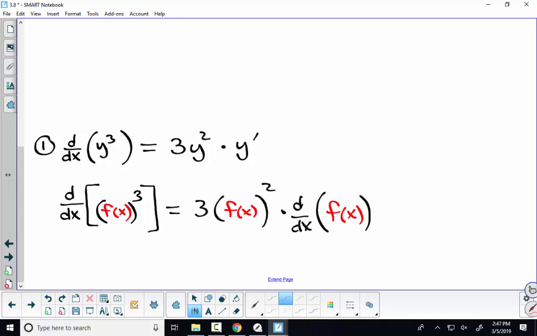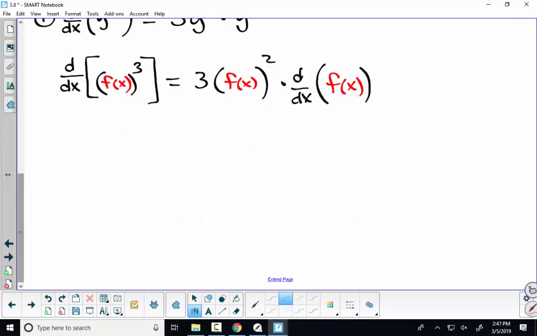And since we don't know what f is, the best we can do is notate its derivative as f prime. This right here, all we can do to take its derivative is just call that f prime. F prime and y prime are the same thing. This is 3 times f of x squared. Again, we might as well just call f of x y because we know it's some function of x.